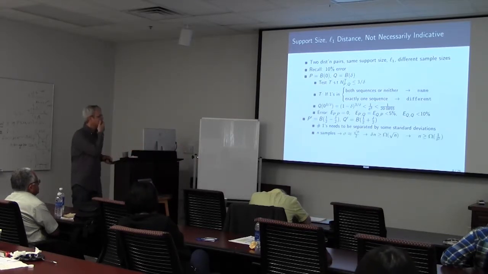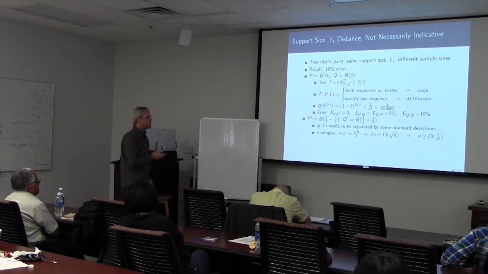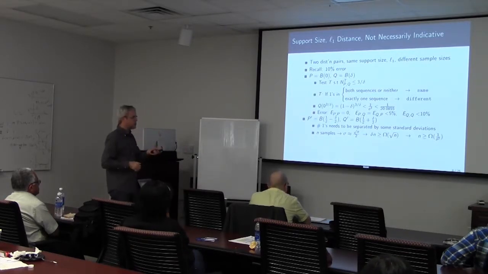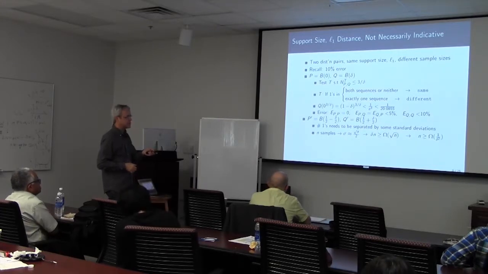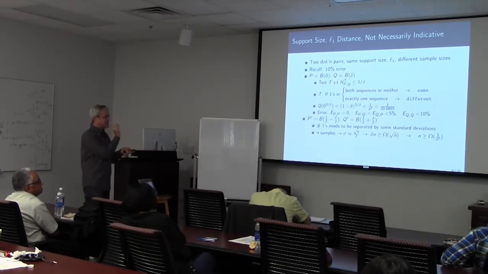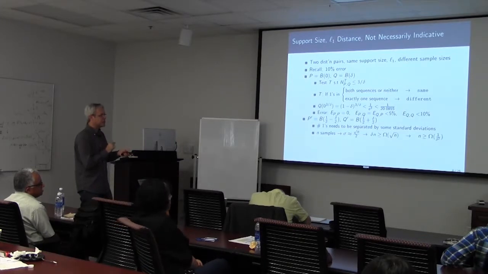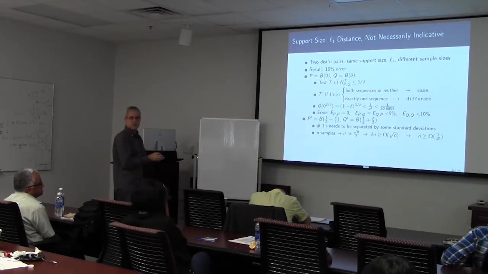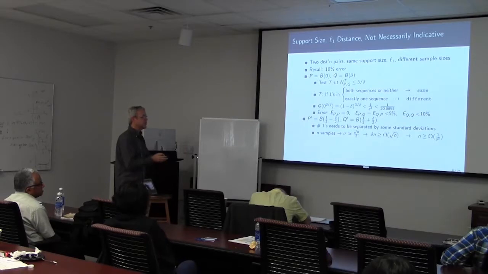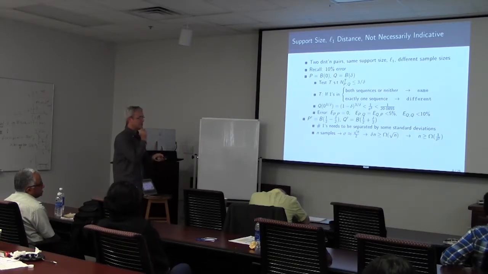Okay, so if we take n samples, then the standard deviation, both of them are roughly a half. I'm thinking of delta as being small, so you have Bernoulli half, the standard deviation is square root of n over 2. And the distance between them is n over 2 minus n delta over 2, and n over 2 plus n delta over 2, those are the expectations. So the distance between them is n delta. And you want it to be bigger than some number of standard deviations.